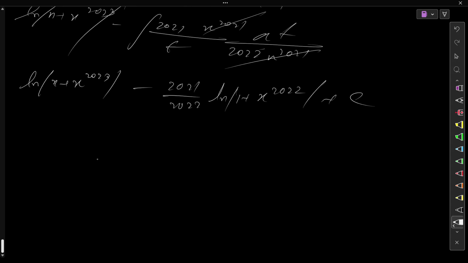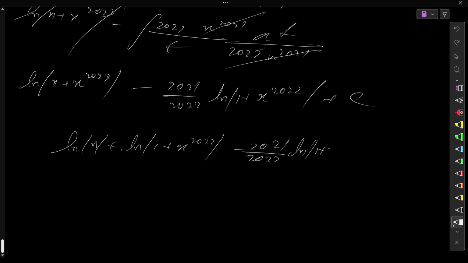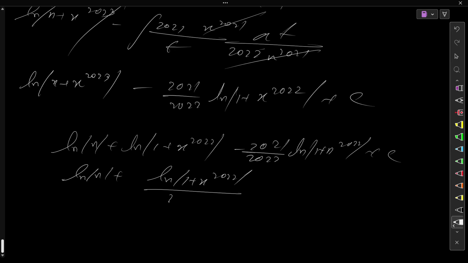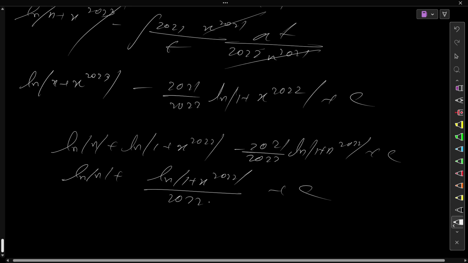So from there this could be written as ln x plus ln of 1 plus x to the power of 2022 minus 2021 divided by 2022 ln mod of 1 plus x whole to the power of 2022 plus c. So from there, ln mod of x plus ln mod of 1 plus x to the power of 2022 divided by 2022 plus c.